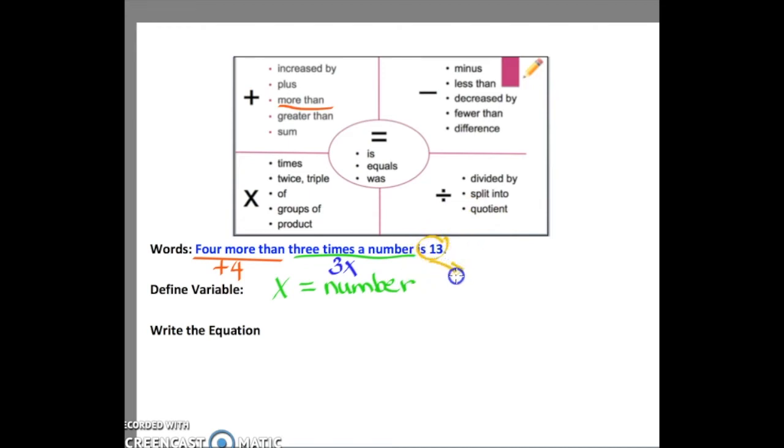And we said that is going to be that equal sign. So let's just go ahead and put that equation together. So 3x plus 4 is equal 13. Hope that makes sense. Once again, you are going to copy, solve, and check in your ISN.